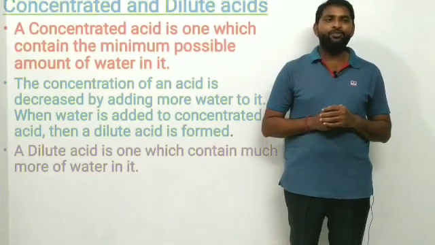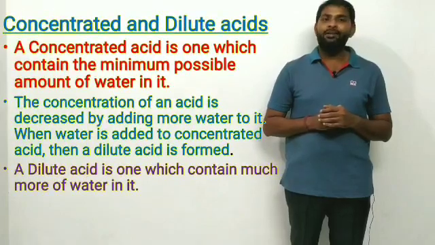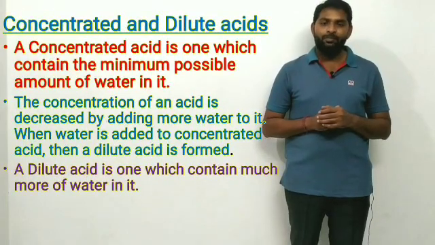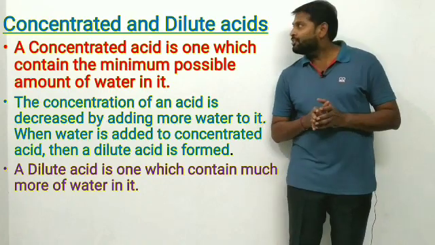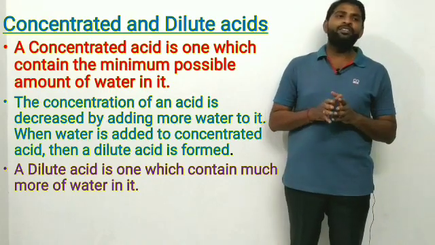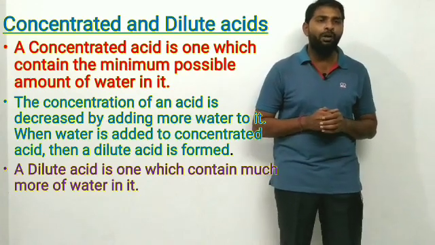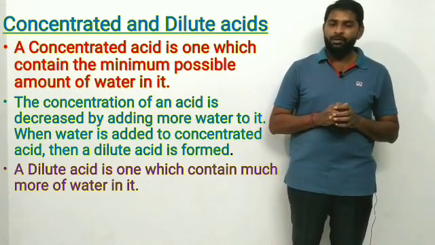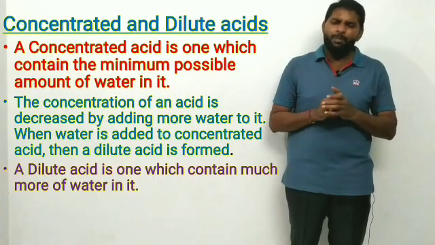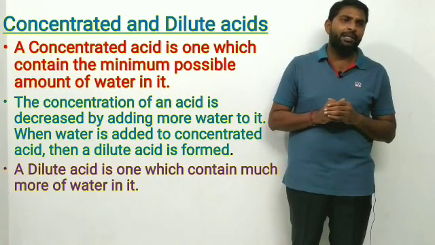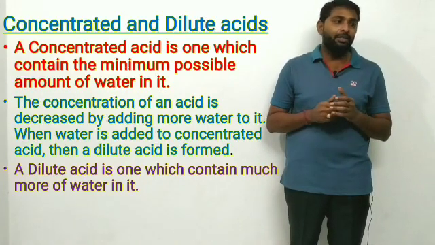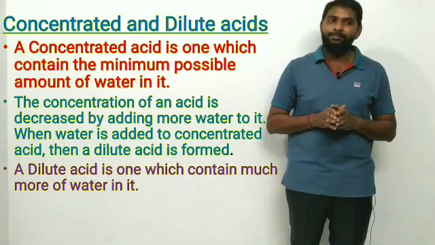Next, again we can classify the acids into concentrated and dilute acids. What is a concentrated acid? A concentrated acid is one which contains the minimum possible amount of water in it. So that means the very least amount of water is present in a concentrated acid.